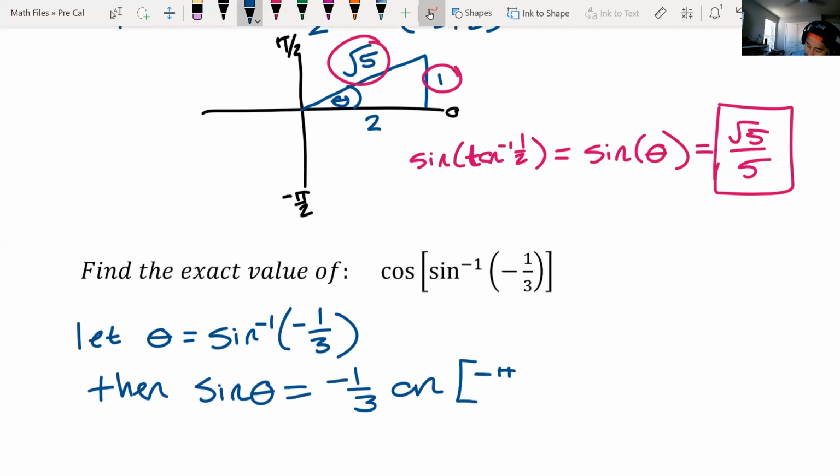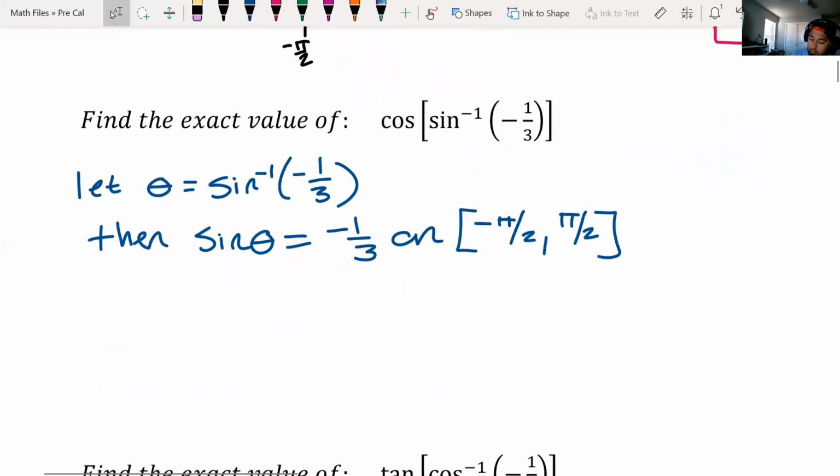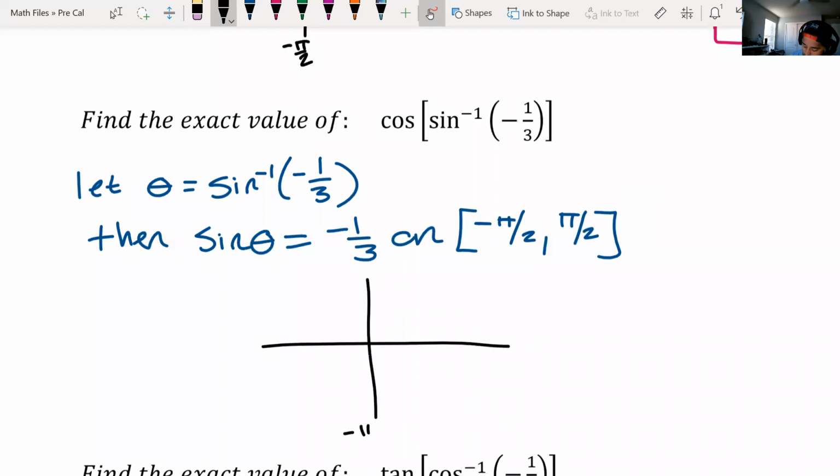Negative pi over 2 to pi over 2. That's it. Now draw your unit circle. There's negative pi over 2, 0, pi over 2. And if sine is negative, are we in the first or fourth quadrant? Fourth.